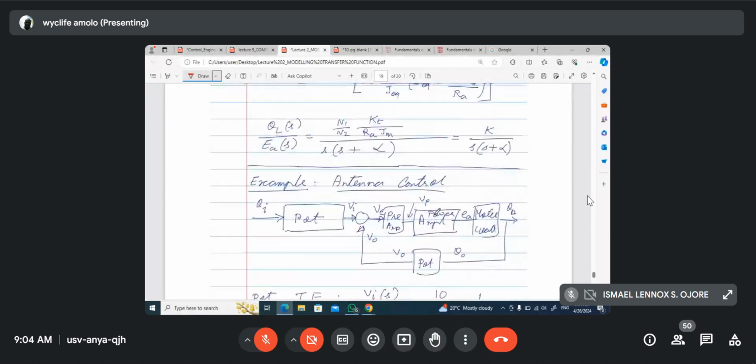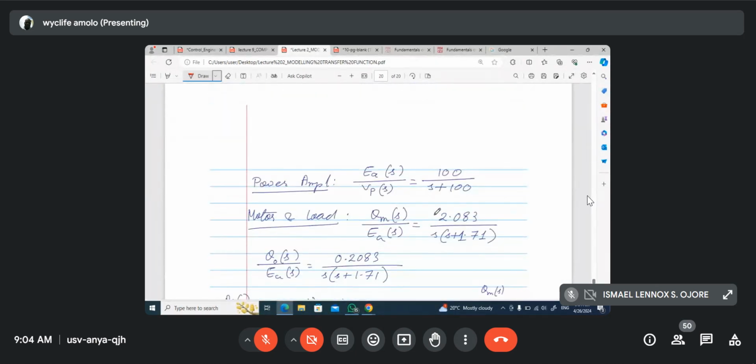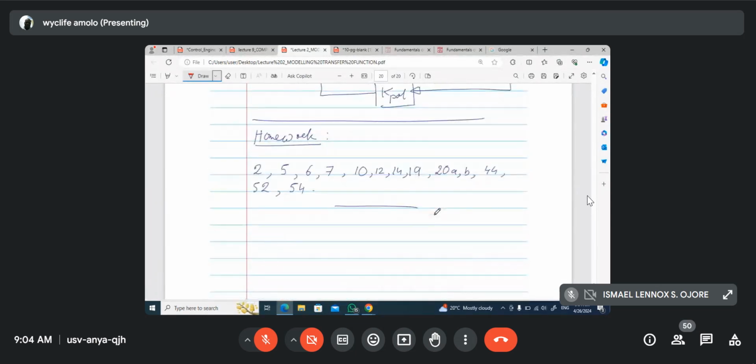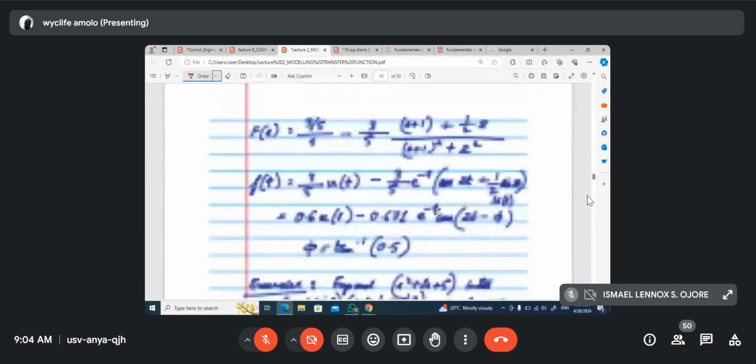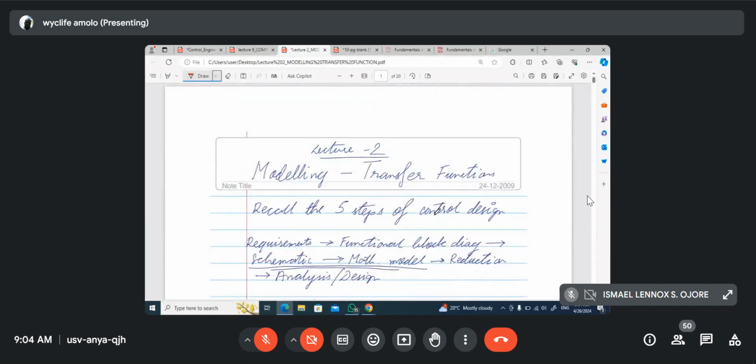This is an antenna control. So it's just a matter of reading and understanding. If there's any question, I'll respond to that question. But I think we've done enough for this morning.